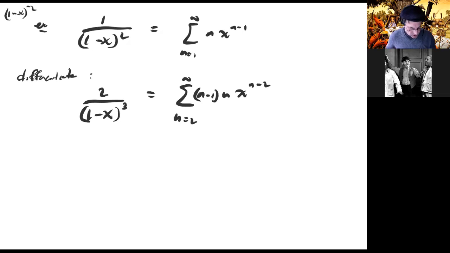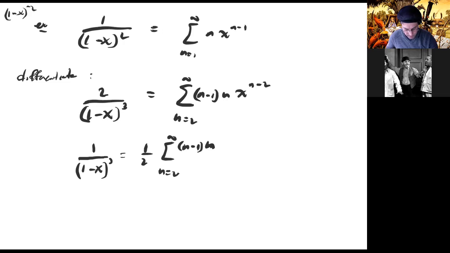And for making it nice, let's divide both sides by 2. So you get 1 over 1 minus x cubed is equal to a half times the sum, n goes from 2 to infinity, of n minus 1 times n, x to the n minus 2.